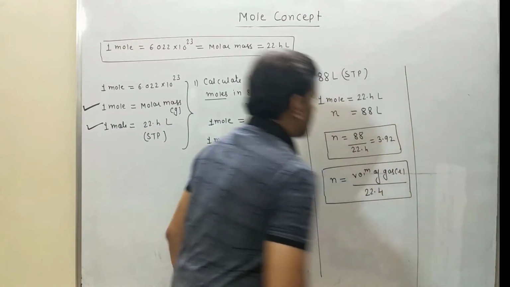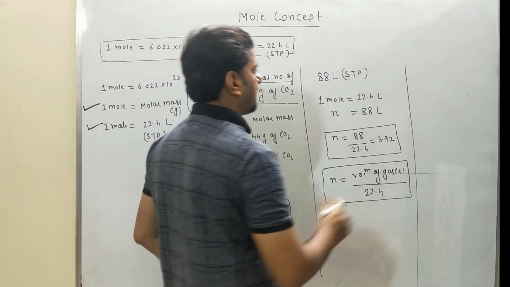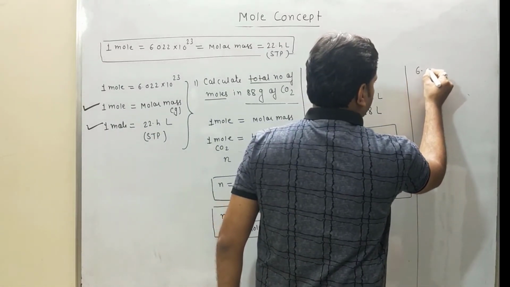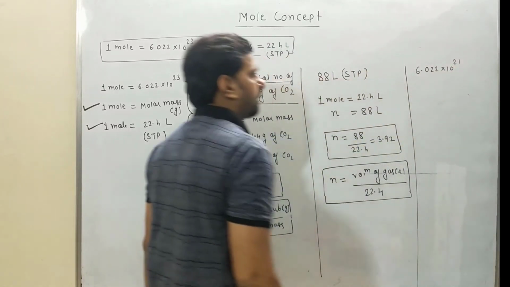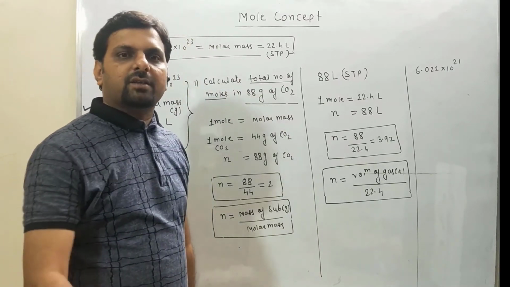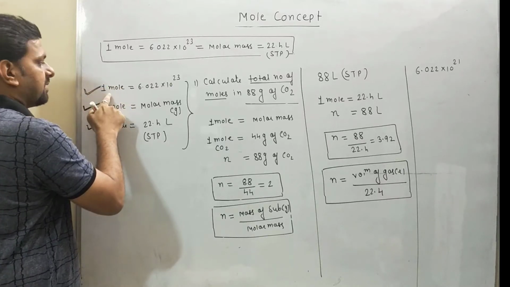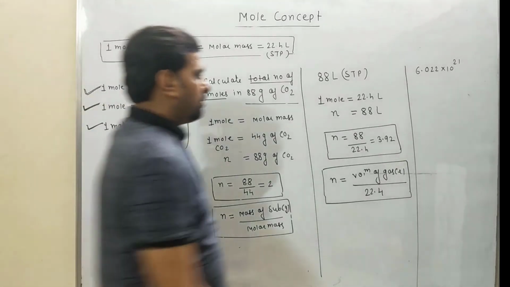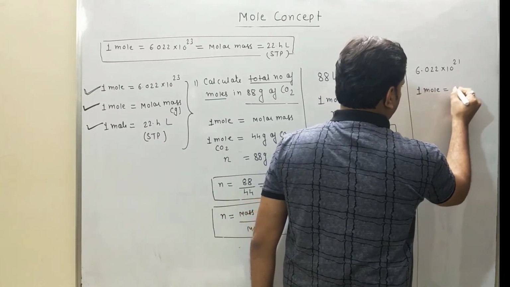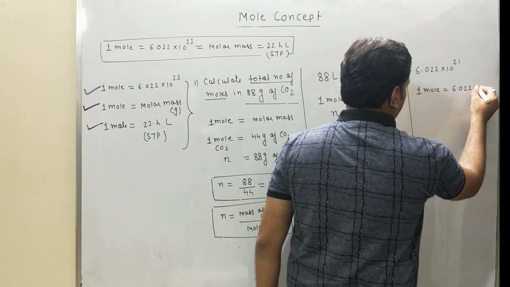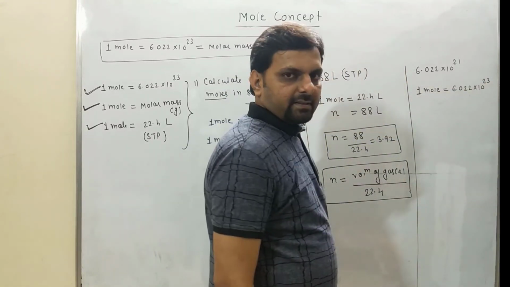Now suppose instead of volume they have given number of particles. For example, they have given 6.022 into 10 raised to 21 particles or molecules. Then I will use this relationship. Clear? So 1 mole equal to 6.022 into 10 raised to 23 particles.